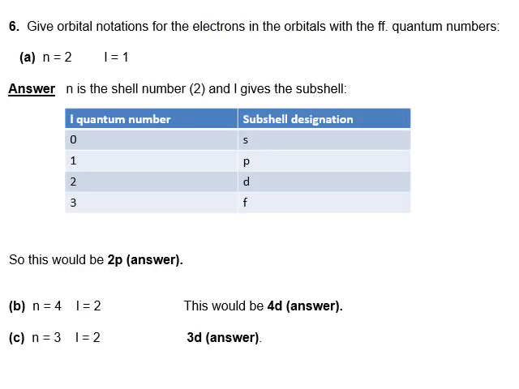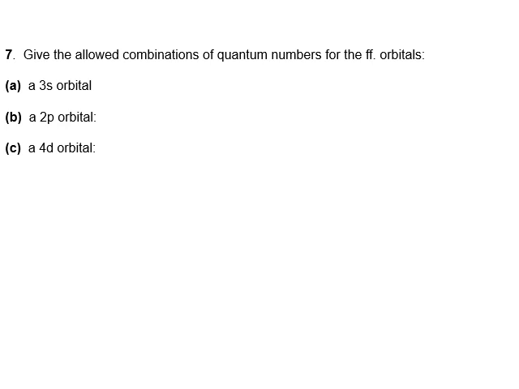Next slide. Give the allowed combinations of quantum numbers. So for A, it would be 3S. I'm not going to rewrite all these out this time, but it would be S, P, D, F and 0, 1, 2, 3. Why don't we write it as a set mathematically?